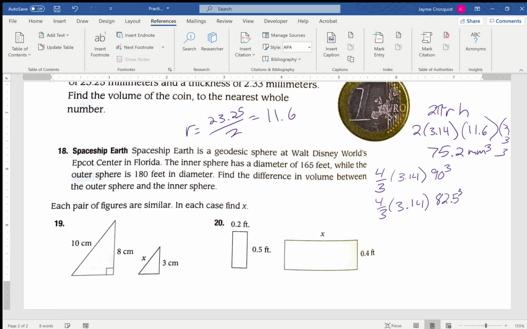So we have to figure out those two and then just subtract them. So 3.14 times 90 cubed. Okay, 9,156,240. And then we're going to subtract this next one.